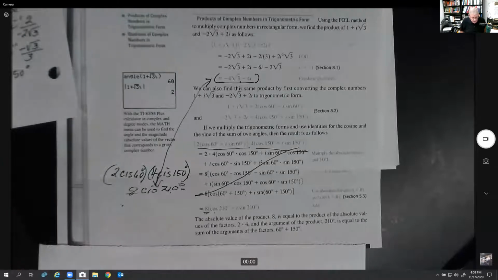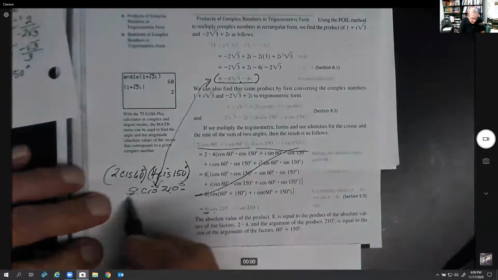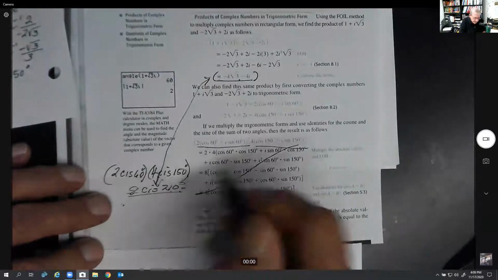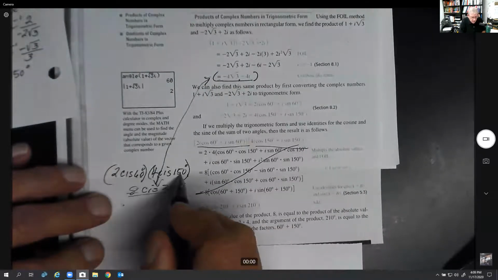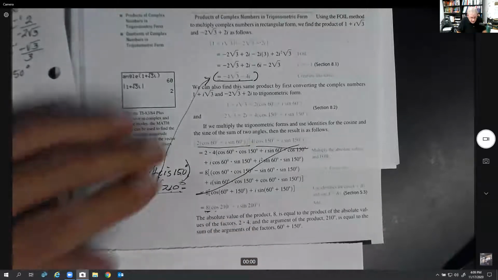So it's really the same thing. They could have just taken this answer and converted it over to this right here. But instead of doing that, we have a simple way of doing it too. If it is in polar form, let's see how we could actually do that.